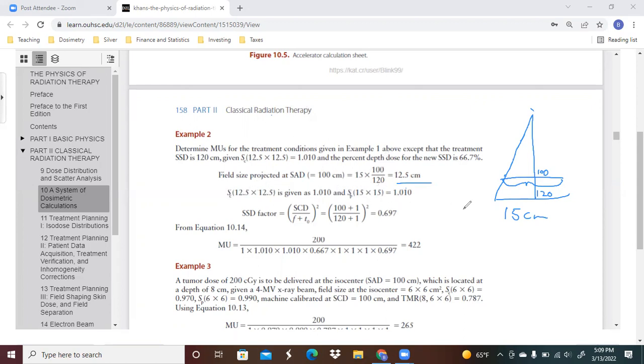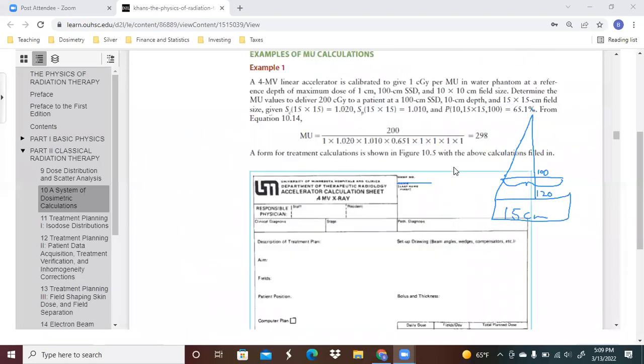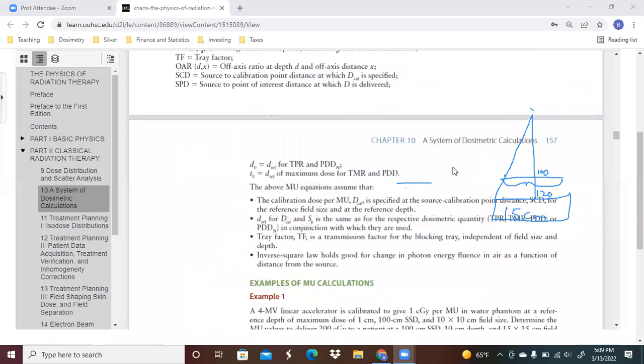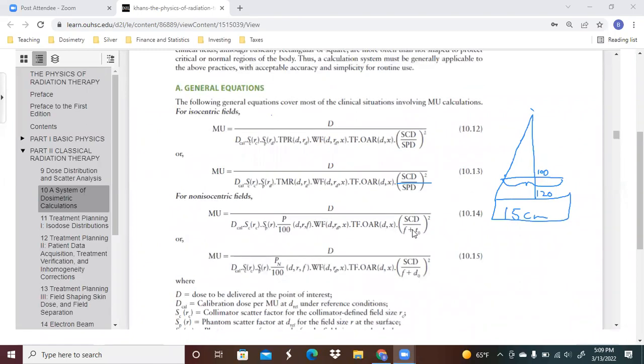The phantom scatter factor deals with the field size at the surface. Technically, we're dealing with this equation right here.